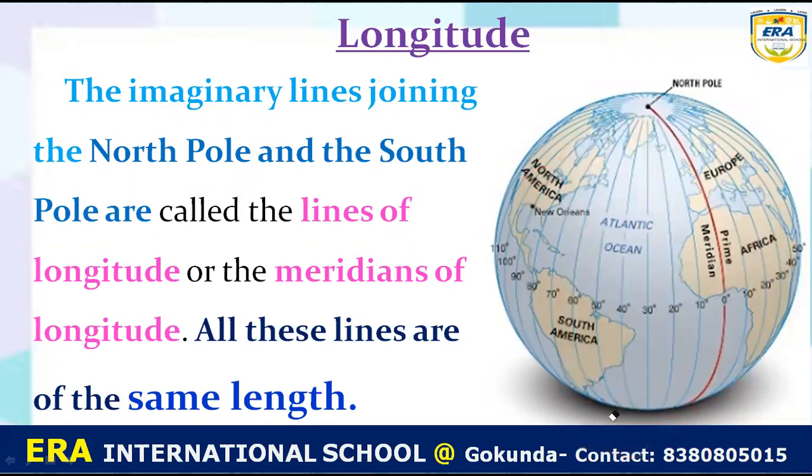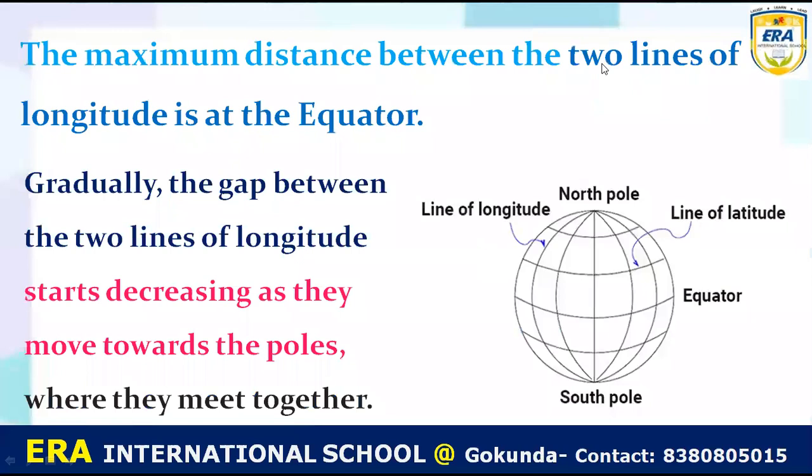Next point, the maximum distance between the two lines of longitude is at the equator. So you can see here, it's very clear. Two longitudes are there, and you can see that the maximum distance is at the equator.